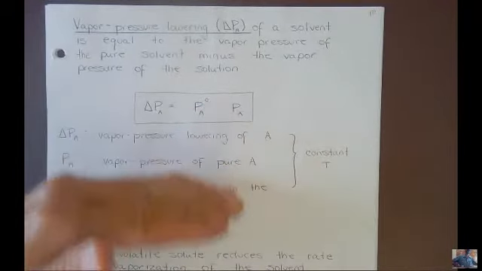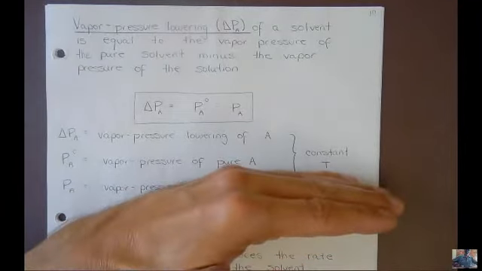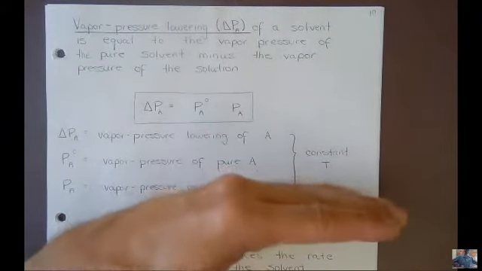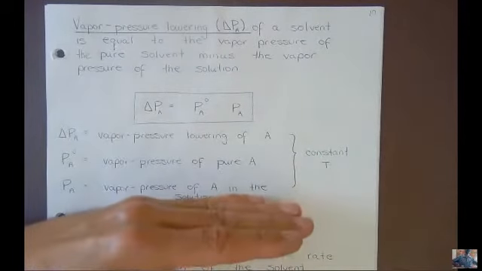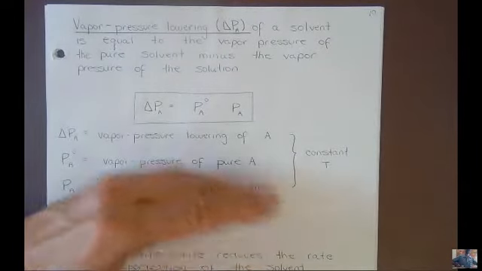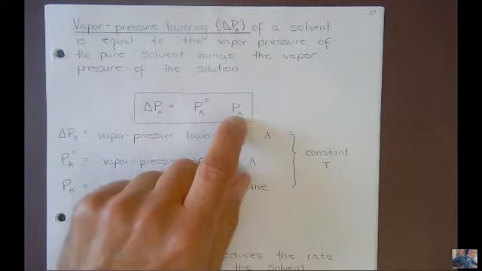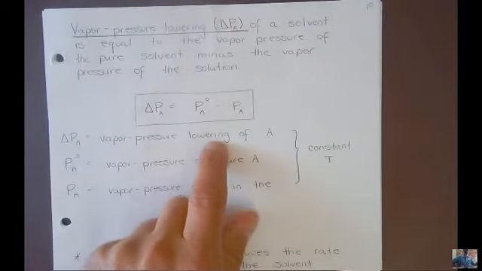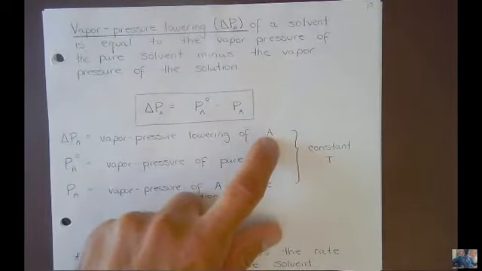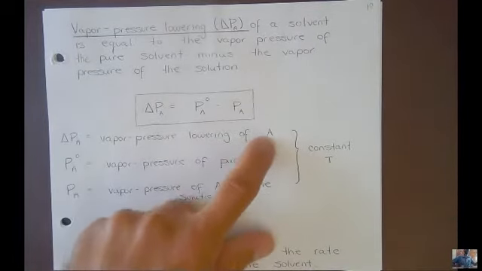Okay, so here's the definition of everything. We're always going to be working at constant temperature. I can't be changing the temperature at the same time that I'm doing the rest of the experiment. So at constant temperature, what is the effect of adding junk, an impurity, to the solution? Again, delta PA is the vapor pressure lowering of A, where A is the solvent. Let's pretend we're talking about water.